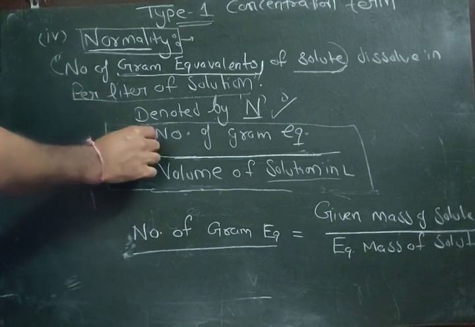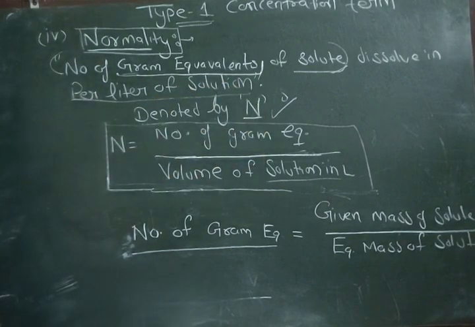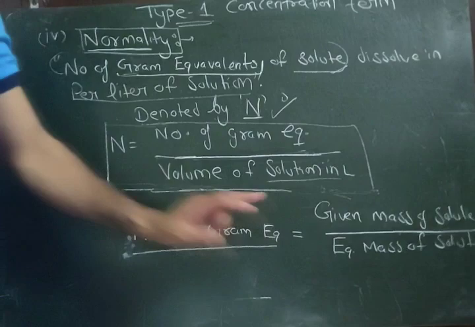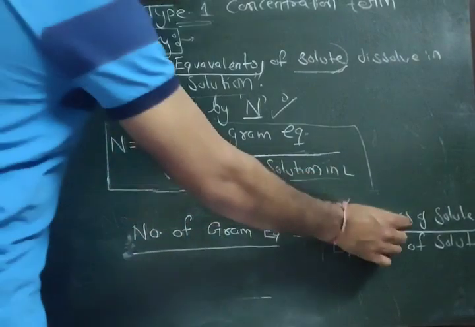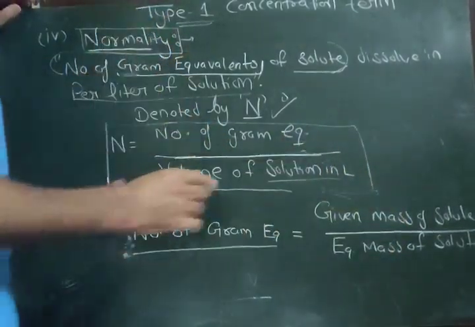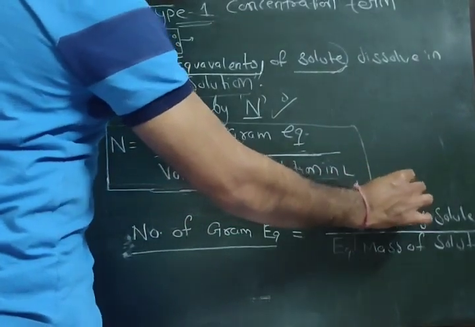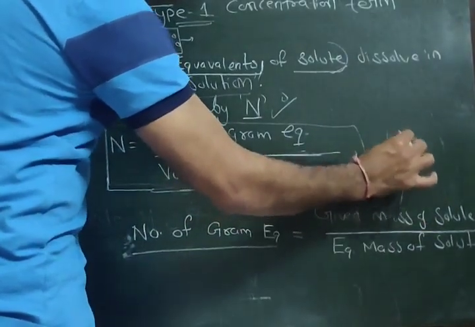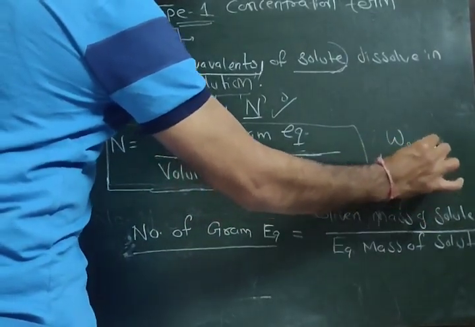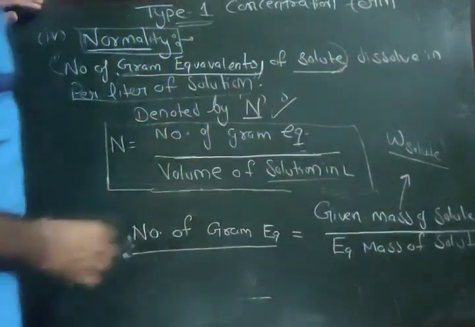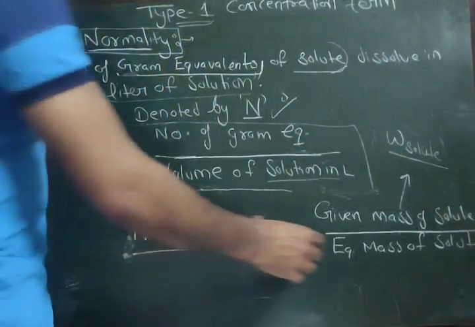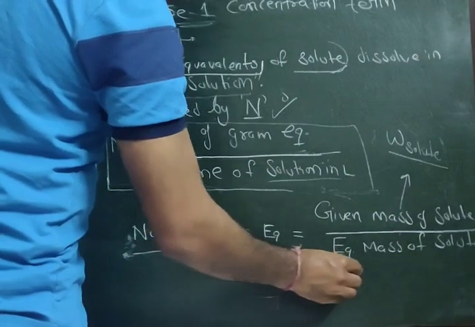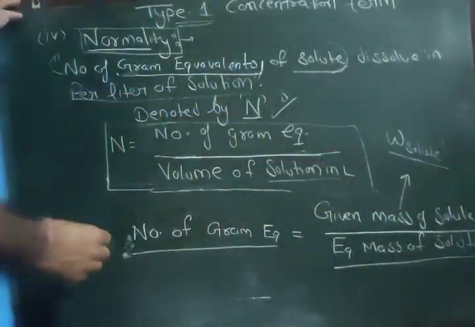Now how can we calculate the number of gram equivalent? There is a formula: the number of gram equivalent is equal to the given mass of the solute, W of the solute, divided by a new term, the equivalent mass of the solute.